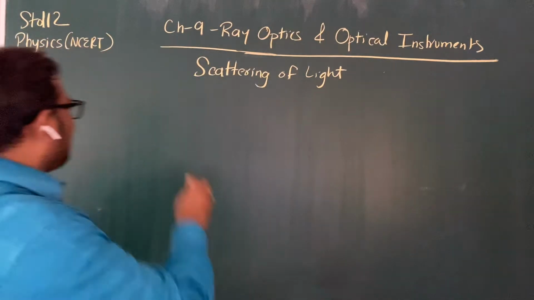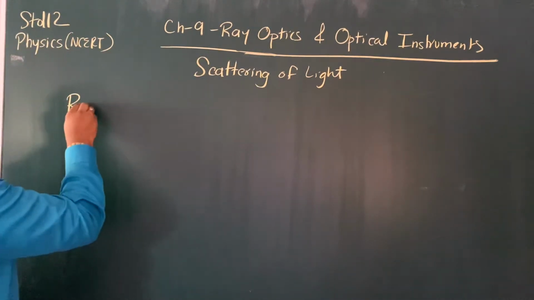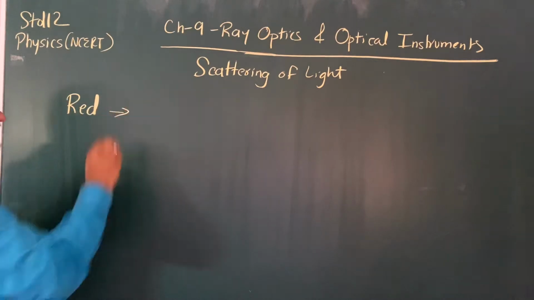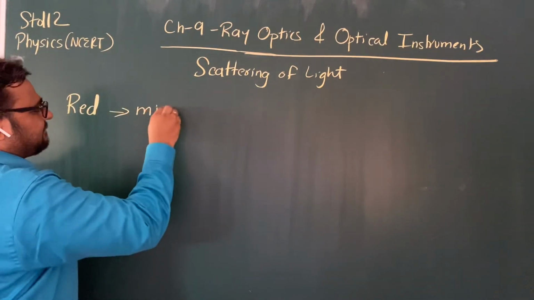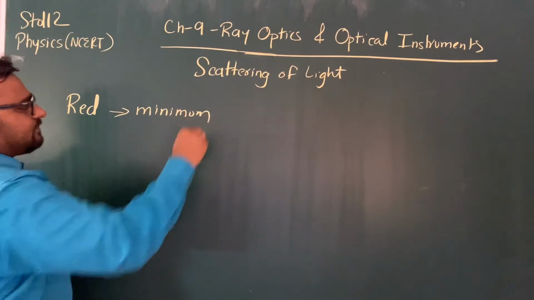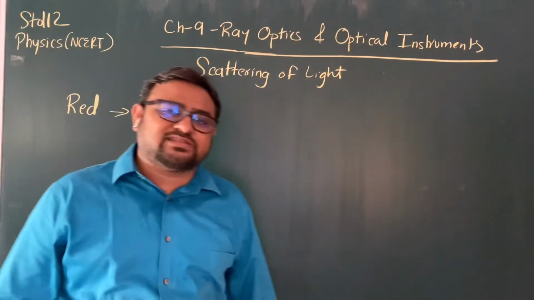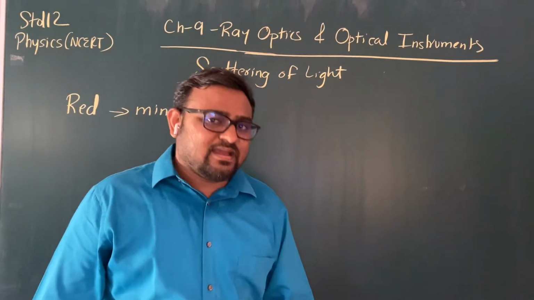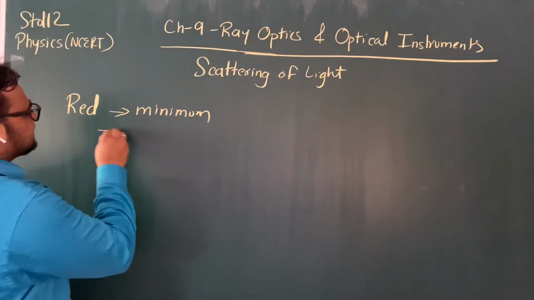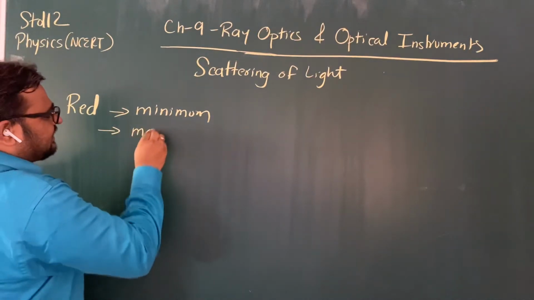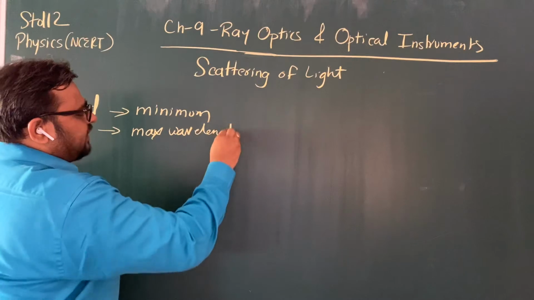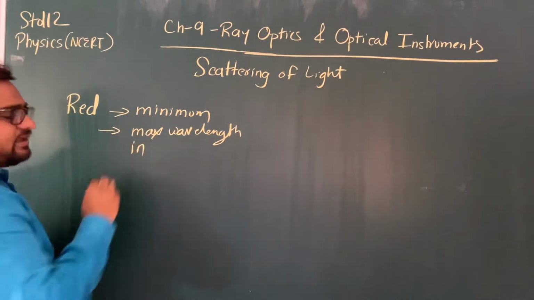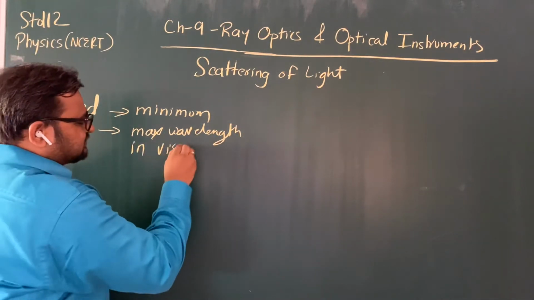Like red color, this will scatter minimum, right? Red color will scatter minimum as this has the maximum wavelength in the visible spectrum.